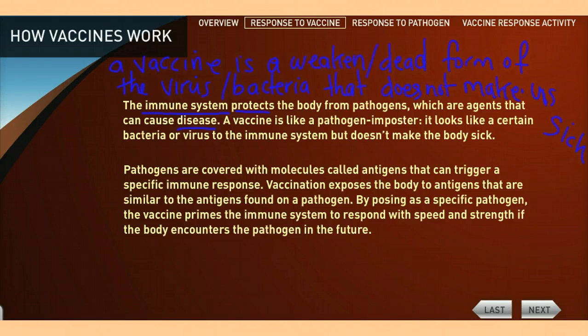Good. So a vaccine is a weakened or dead form of the virus or bacteria that does not make us sick. And that is the most important definition of what a vaccine is.